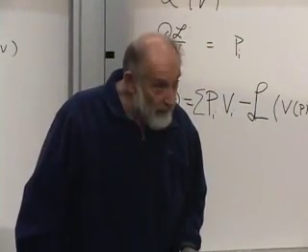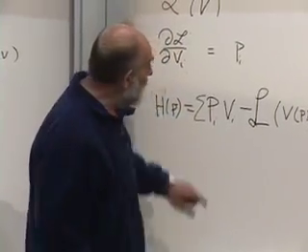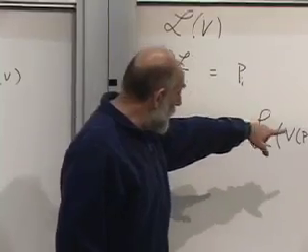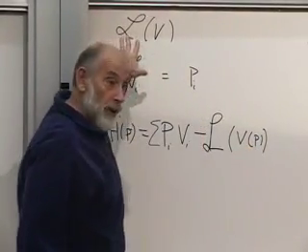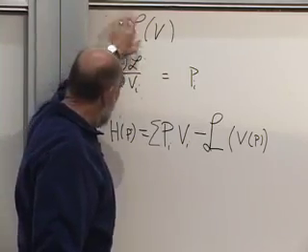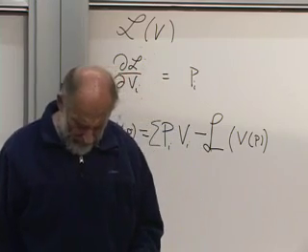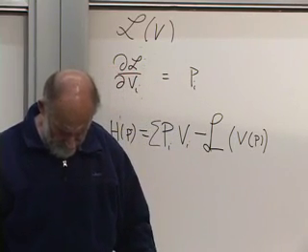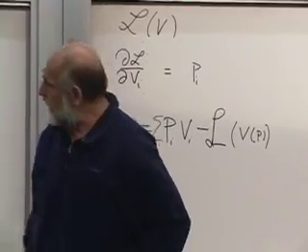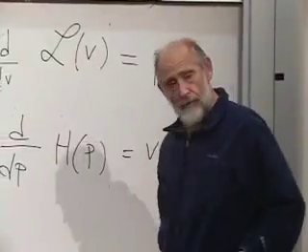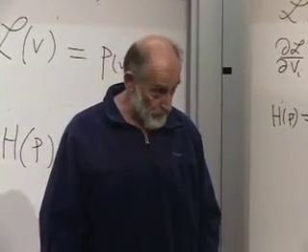And as I said, there are many applications of the change of variables from a v-type variable to a p-type variable that's kept track of by what I've usually called generating functions, L and H. All right, but our interest is in mechanics. In mechanics, the Lagrangian is not only a function of velocities, it's also a function of positions.